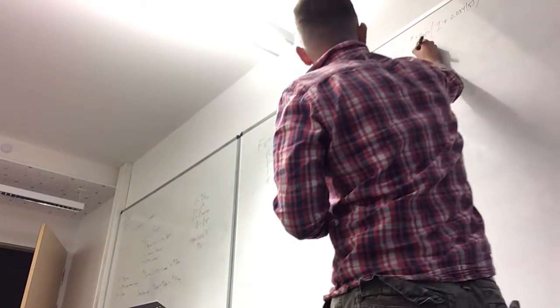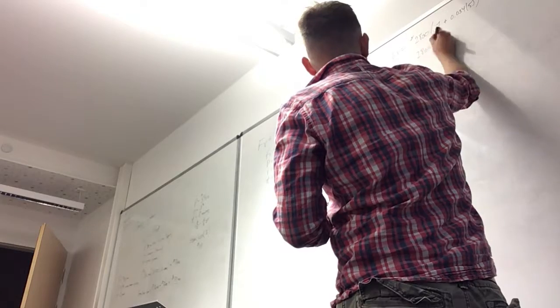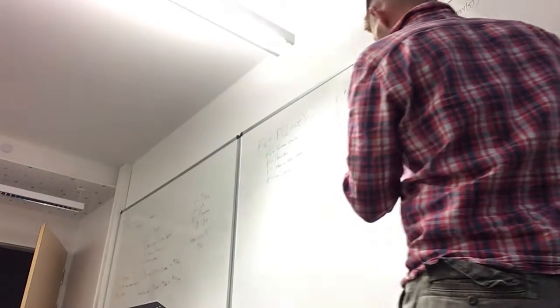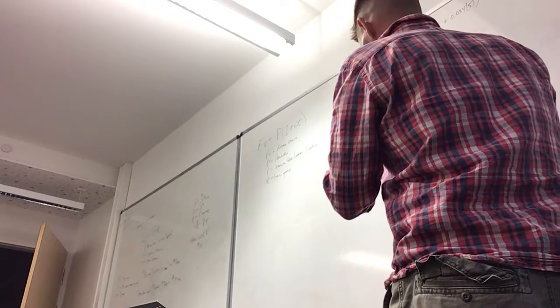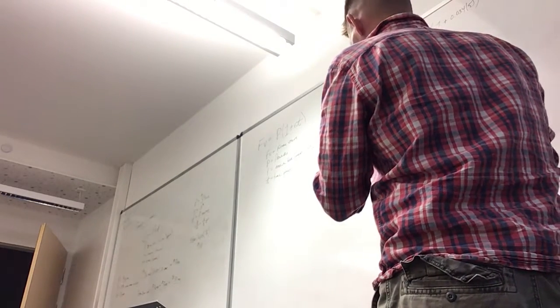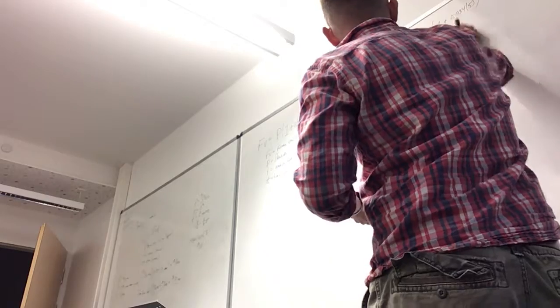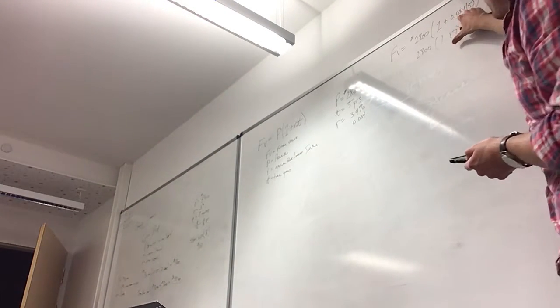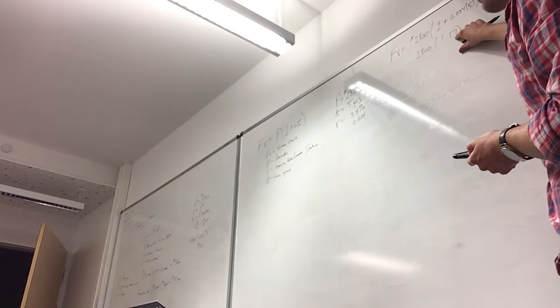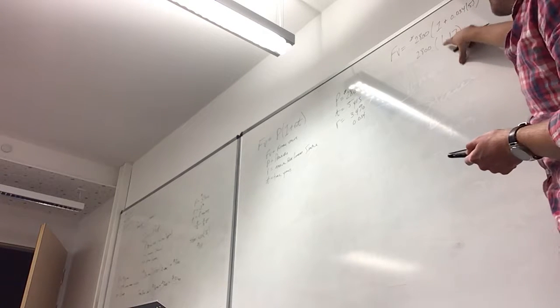We go back in here, we get 2,800 times, 0.034 times 5 should be 0.17. Add 1, you get 1.17.